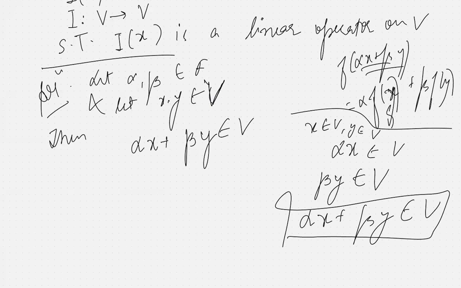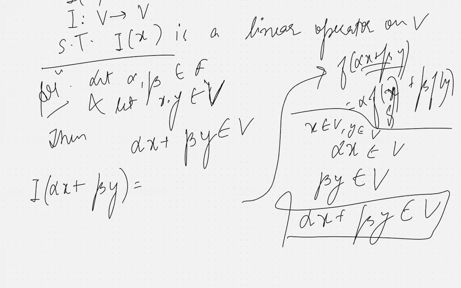So identity of alpha x plus beta y, we have to show this. At last, this should come. Identity means the element itself, alpha x plus beta y.